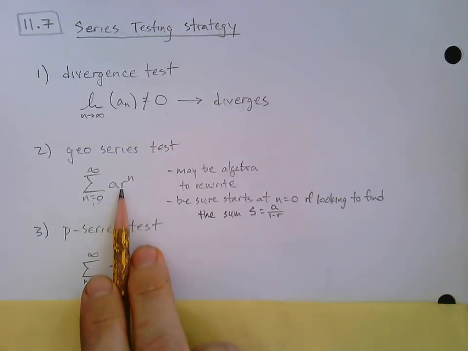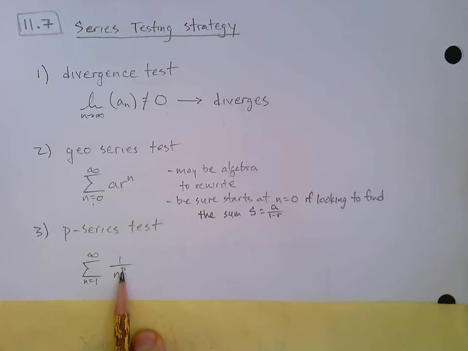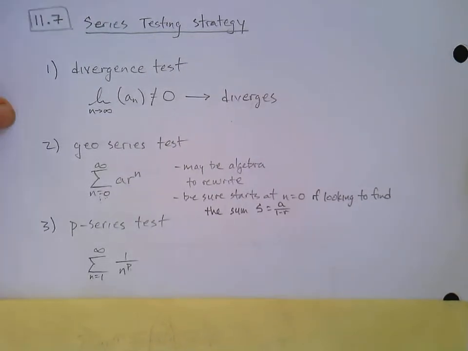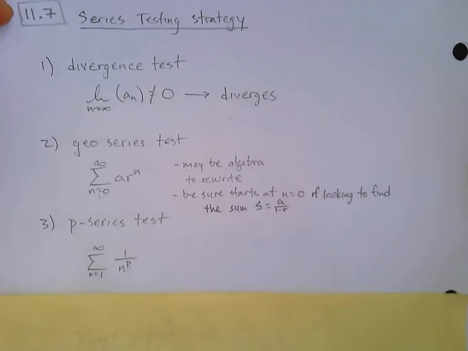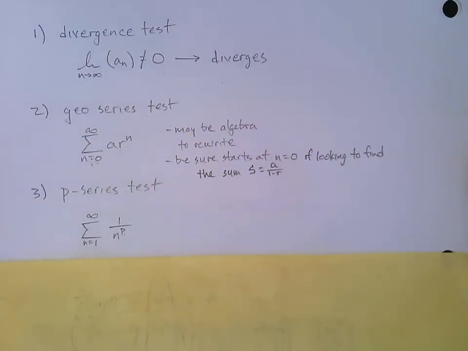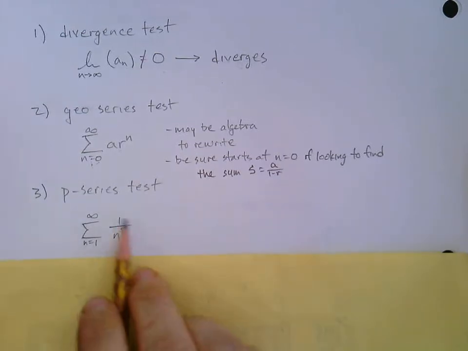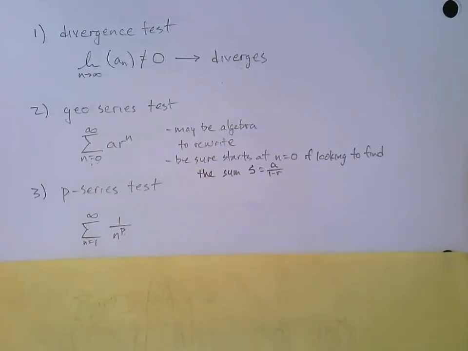Right here, we want R to be less than 1. Here, we want P to be greater than 1 to converge. So don't mix those up. But in essence, it's a very similar feeling test in that all you have to do is identify whether that's bigger than or less than 1, right?